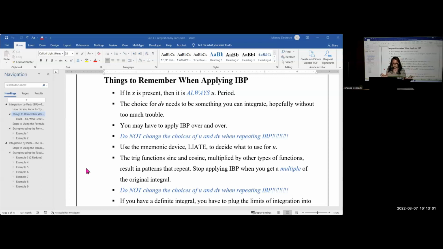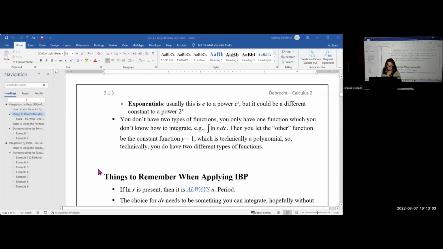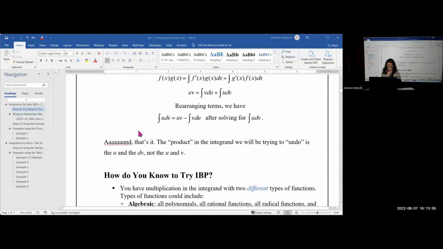That's our formula, all right? So remember the formula from up here. We've got the integral of u dv equal uv minus the integral of v du. So in here in the integrand, you've got something, natural log, and it's going to become the u. Everything else then has to be dv.